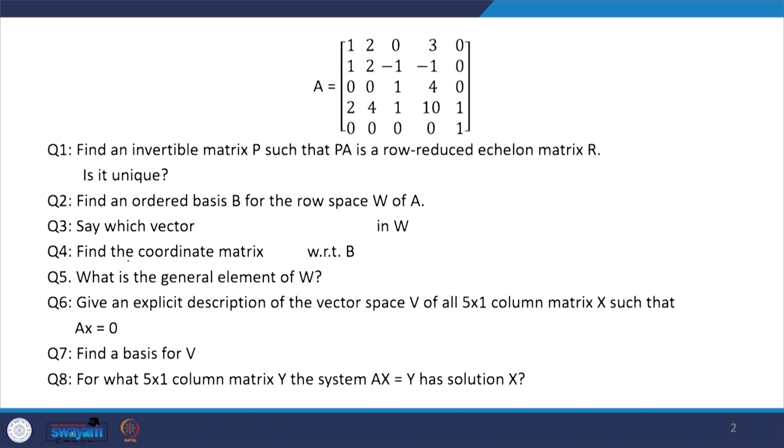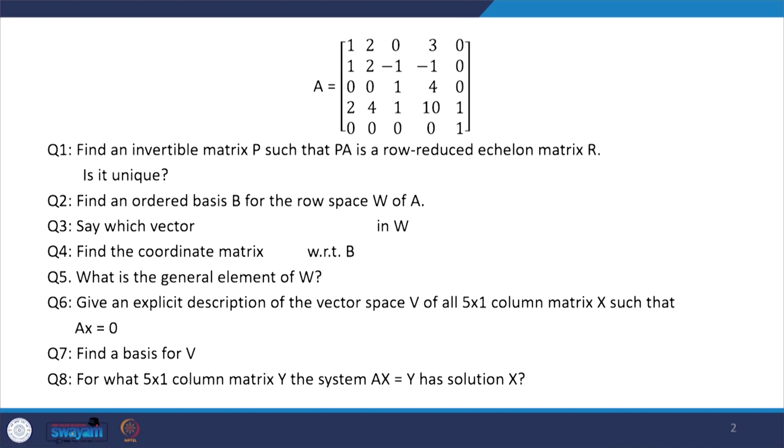Then I have raised a couple of questions here. The first question is, find an invertible matrix P such that P times A is a row reduced echelon matrix. It is also a question whether that matrix P is unique or not.